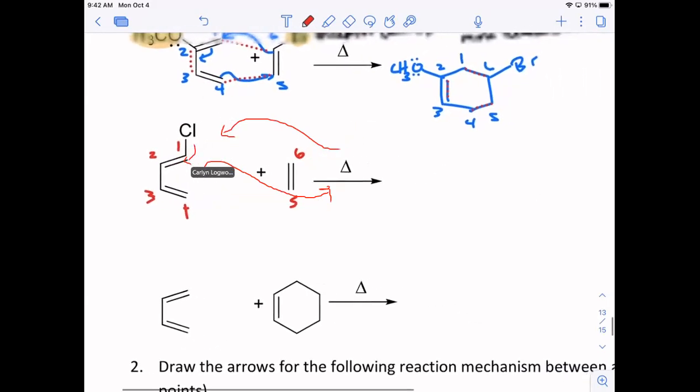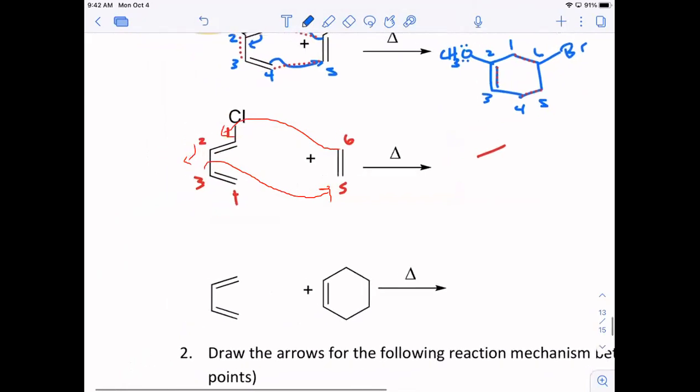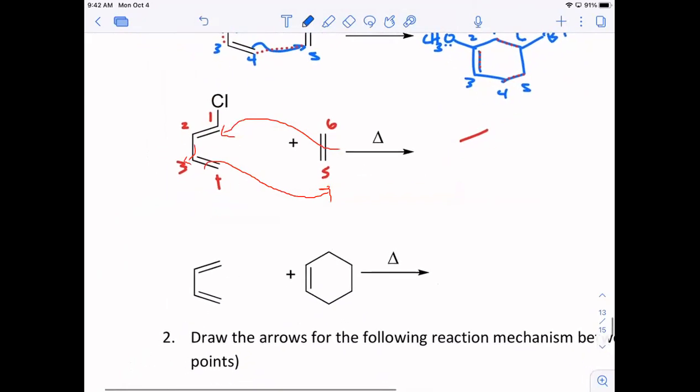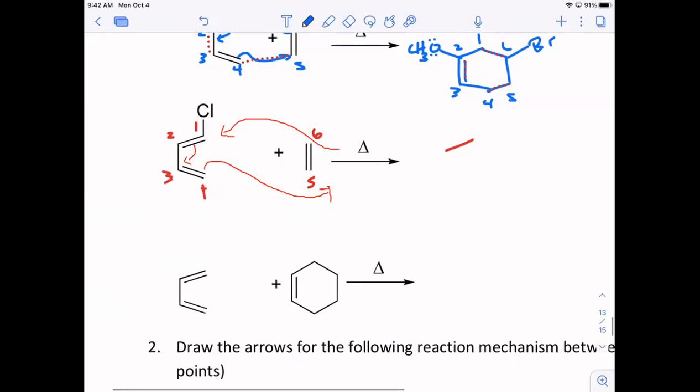So we're going to get a 6-membered ring from that. Go ahead, do you want to draw the product too? Yeah, sure. Sorry, I think I moved it. It's okay. There we go, that's close enough.